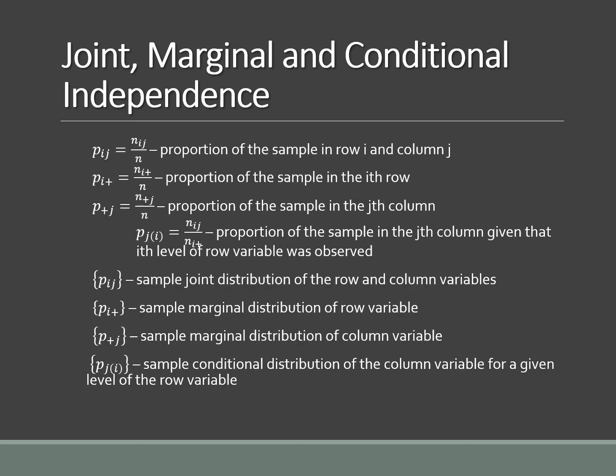So after defining nij, ni plus, and n plus j, which is just the number of observations belonging in a certain row, column, or row and column, we will have the counterpart of the population notations that we've already discussed 2 slides ago, the pi ij, pi i plus, and pi plus j.